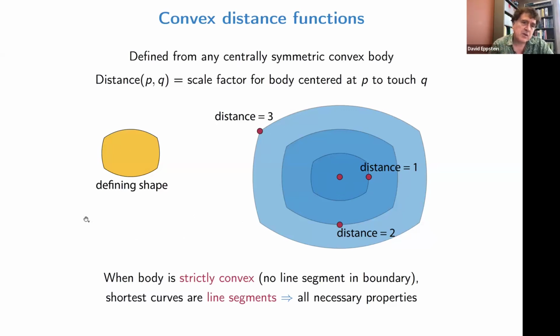And if you start with a body like this one, where it's allowed to have sharp corners, it's not necessarily smooth, but it's strictly convex. That means that there's no line segment in its boundary. Then for these bodies, for these distance functions, the shortest curves are just the Euclidean line segments. And that's all we need to make this proof work.